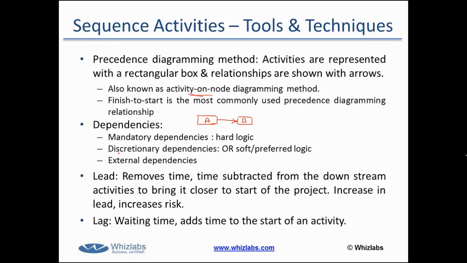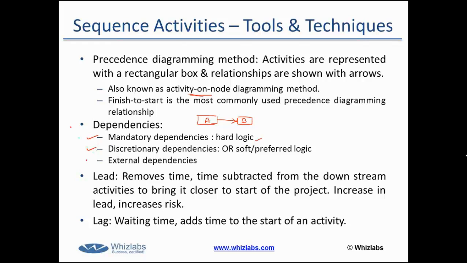When we talk about the relationships, there can be a mandatory dependency, a hard logic that you've got to do that way. Like the example I gave you, that you cannot start planting the trees before you have dug the hole. You have to complete the foundation of a building, then only you can start the construction work. So those are mandatory dependencies or hard logic. There can be discretionary dependencies: I simply prefer to do it that way even though it's not mandatory.